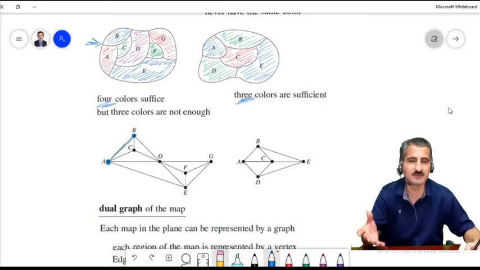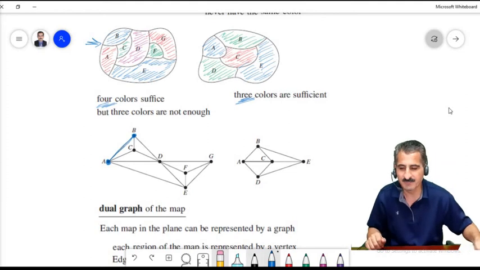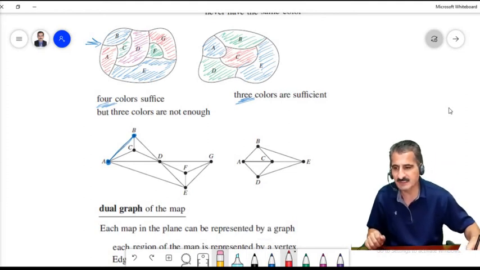Also B is adjacent to C, so we connected them this way, and C is adjacent to A, and also C is adjacent to D, and D is adjacent to both A and B.